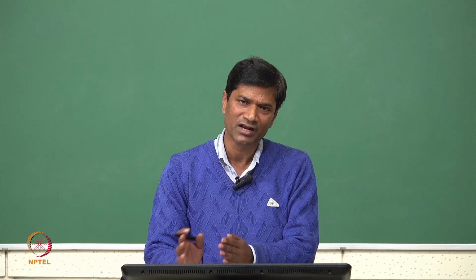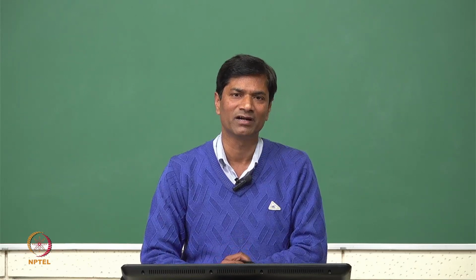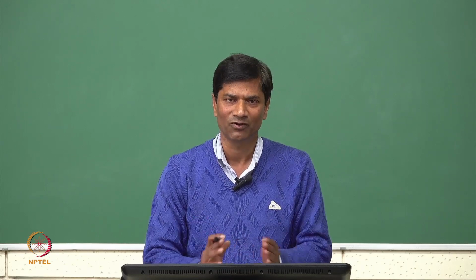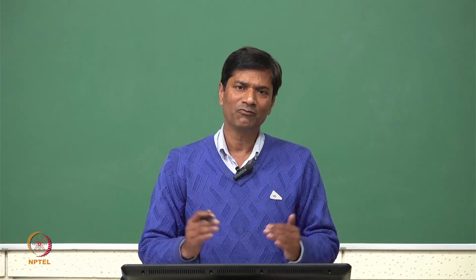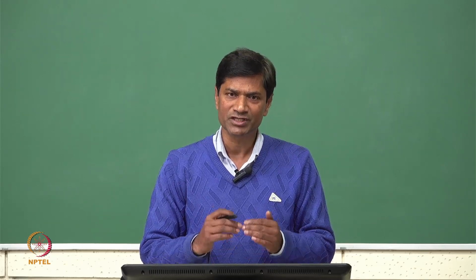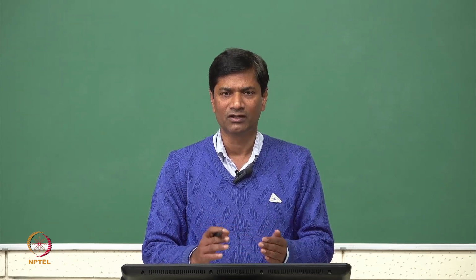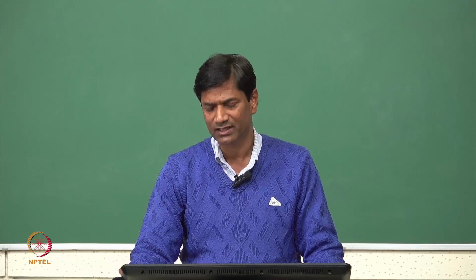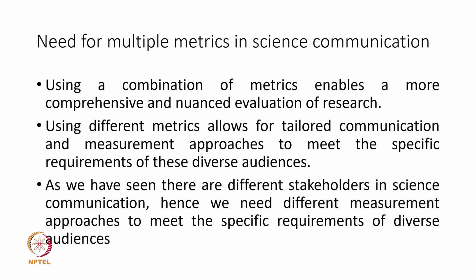There is a need for more than one metric to measure science communication, because more than one metric can judiciously measure the different aspects of science communication. Using a combination of metrics enables a more comprehensive and value-added evaluation of research.